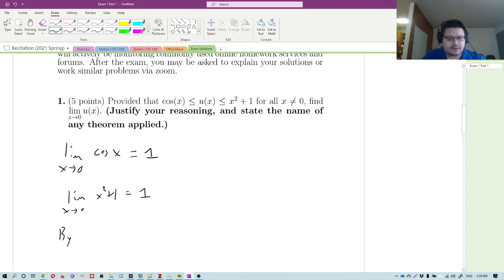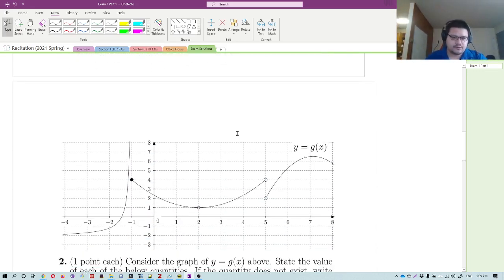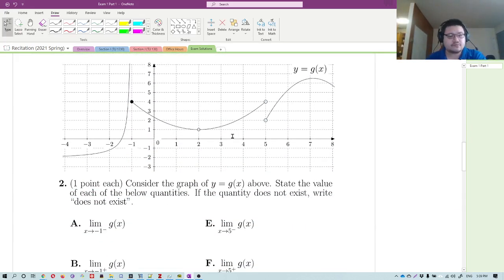And so then we say, by squeeze theorem, the limit as x goes to 0 of the function u of x must be equal to the same number that the two other limits take on.